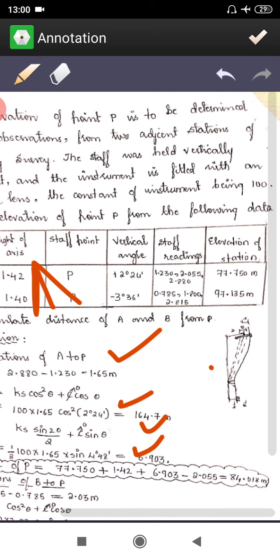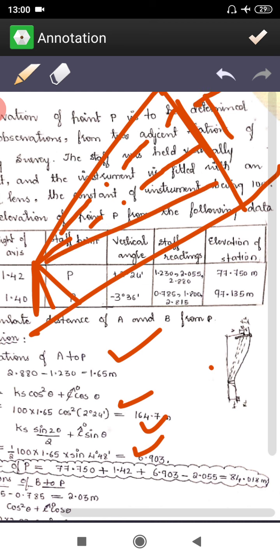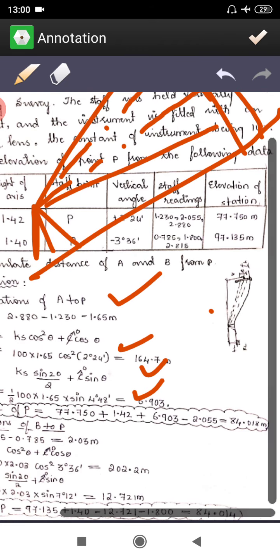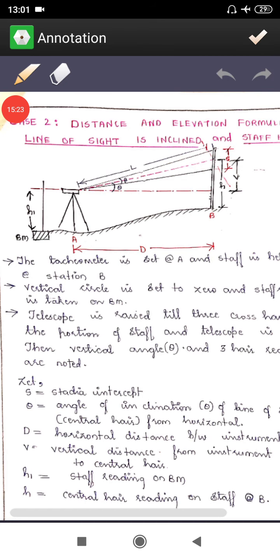See here, if you take this, you'll have a staff here. So actually this is going to be this, and you will be sighting here. Then you will have it like this. So you will have V, then you will have what? Now here I can show you easily.